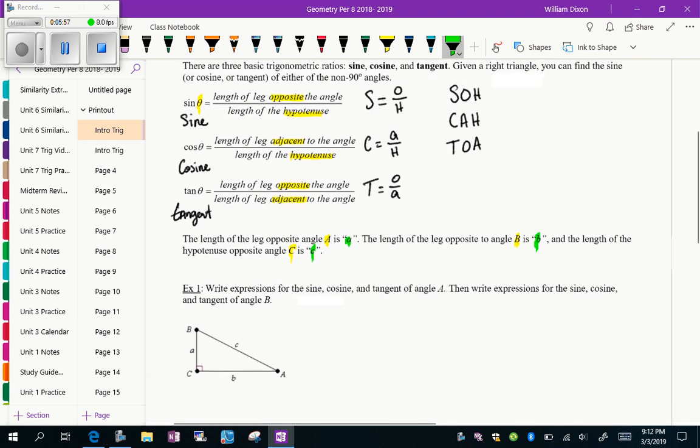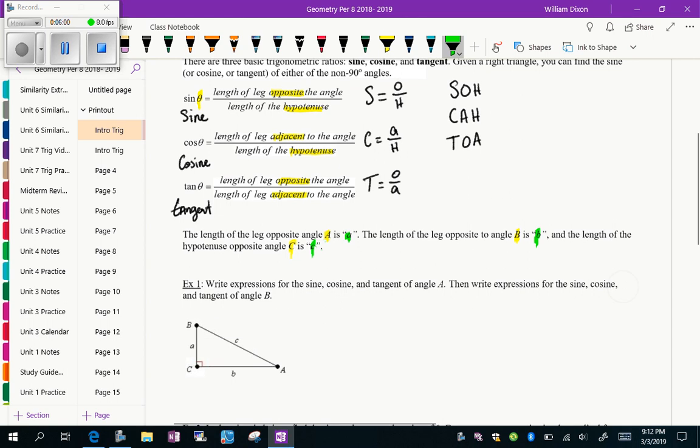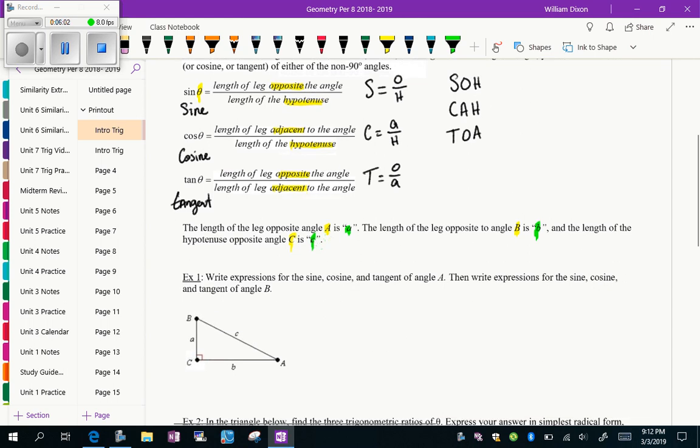Okay, let's take a look at example 1. It says, write expressions for the sine, cosine, and tangent of angle A. Then write expressions for the sine, cosine, and tangent of angle B. Now, some strategies here.